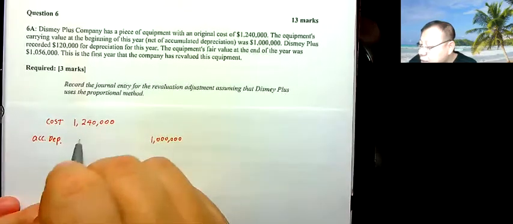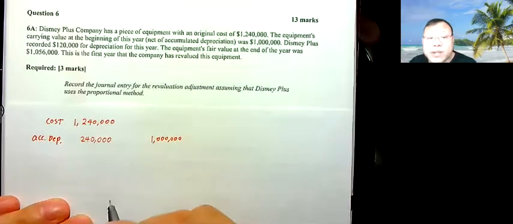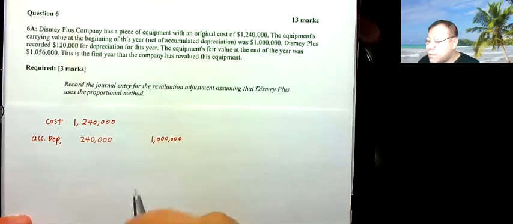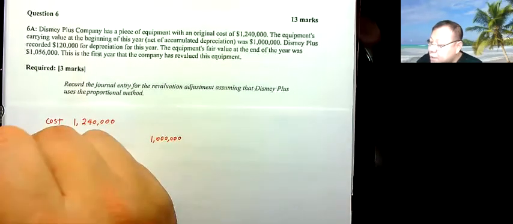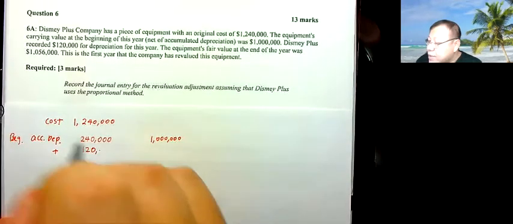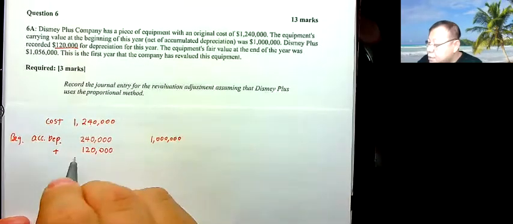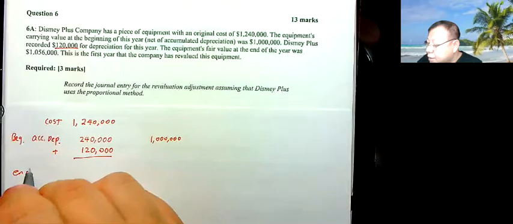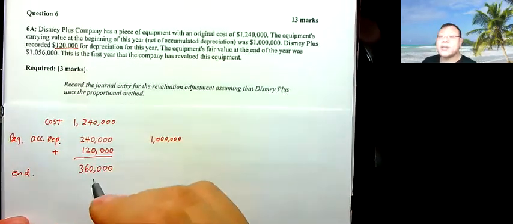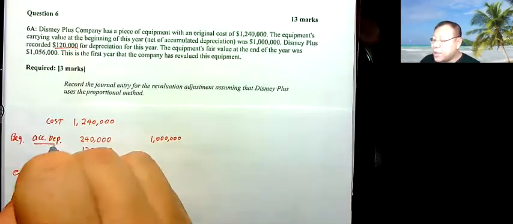That tells me that the cumulative depreciation at the beginning of the year must be 240,000, and the net of that should get 1 million. During the year, they recognized 120,000 depreciation. So at the end of the year, you have 360,000 balance for the cumulative depreciation.